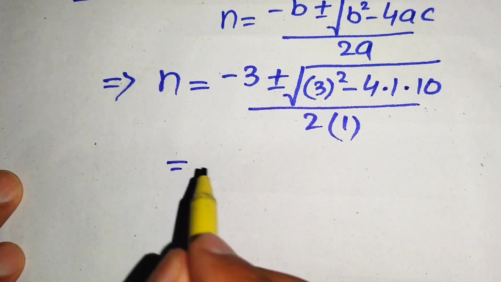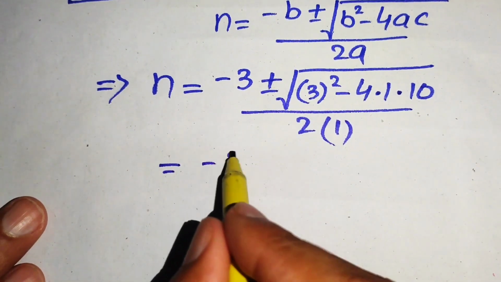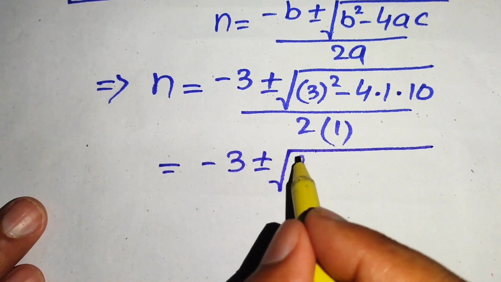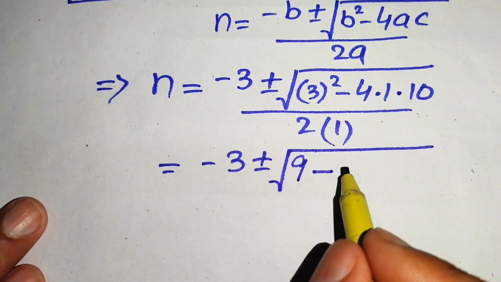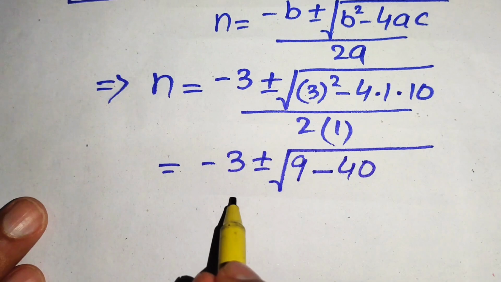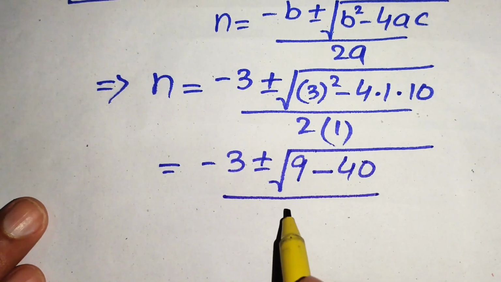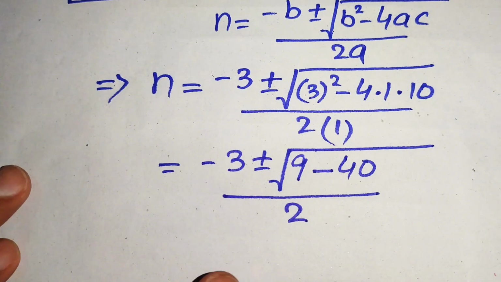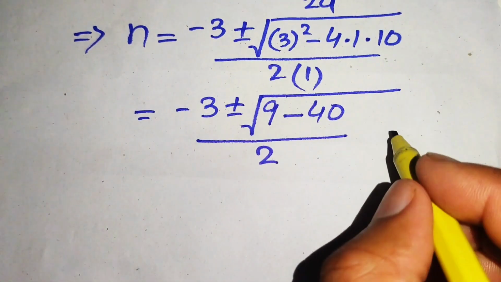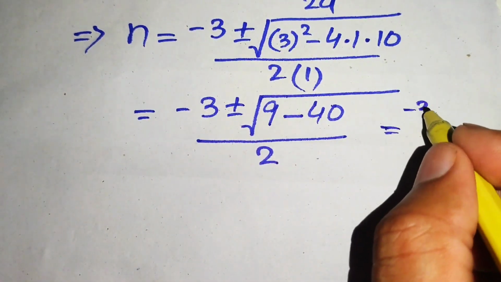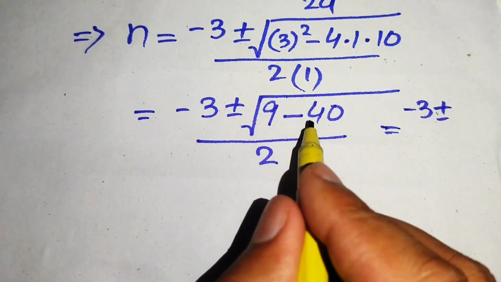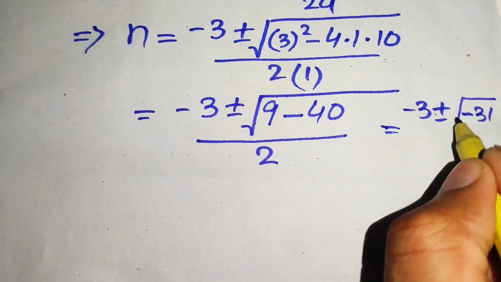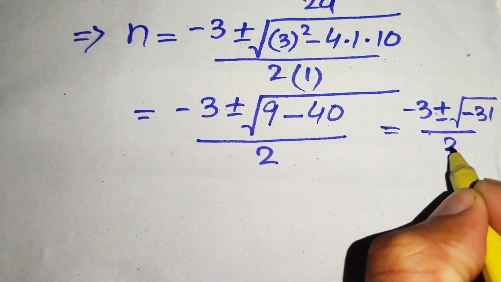So in the next step we need simplification, and we write it as minus 3 plus minus square root of 3 square becomes 9 minus 4 times 10 becomes 40, divided by 2 times 1 is 2. So now in the next step we rewrite this expression as minus 3 plus minus square root of 9 minus 40 becomes minus 31, divided by 2.